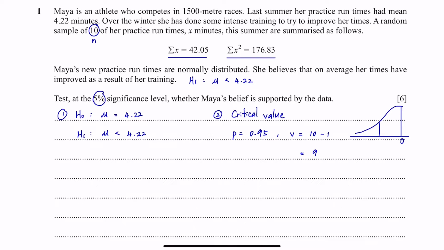So our t value would be negative 1.833 because it's the left hand side of the graph. Why is it left hand side? Because we want it to be less than the value. If it's more than the value, then we will need to consider the right side of the graph, and the t value would be a positive number.